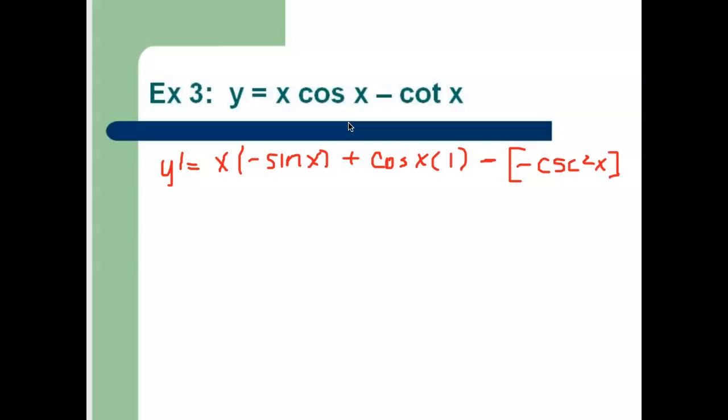Clean it up, and you get negative x sine x plus cosine x plus cosecant squared x. There are times where you can use trig identities. In this case, there's no trig identity for a sine or a cosine. Using the trig identity for cosecant squared would not help because it would just give me a cotangent. So we are done.